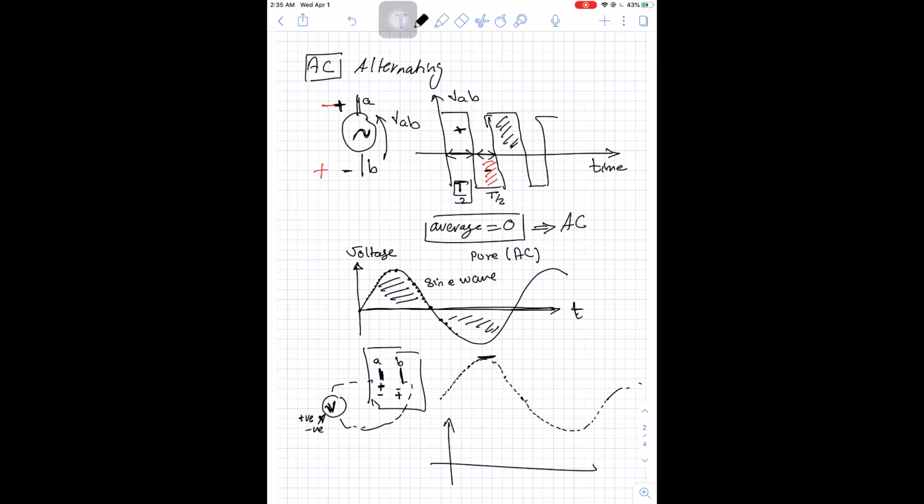In real life, the practical AC, if we sketch the voltage versus time, will be something like this, which has some harmonics. It's a sine wave, but this sine wave is distorted and it has some harmonics. Harmonics means the distortion in AC, while ripples means a distortion in DC.